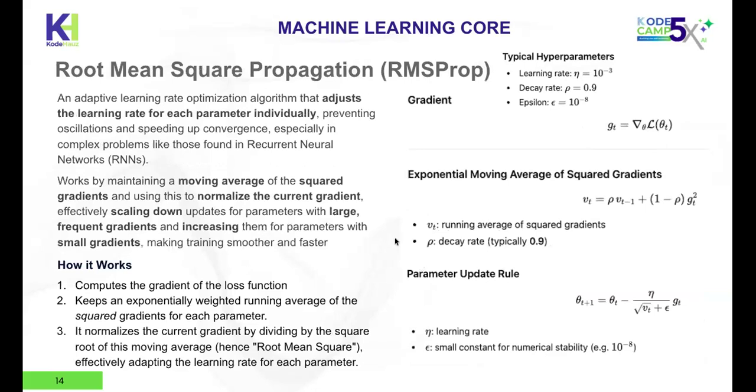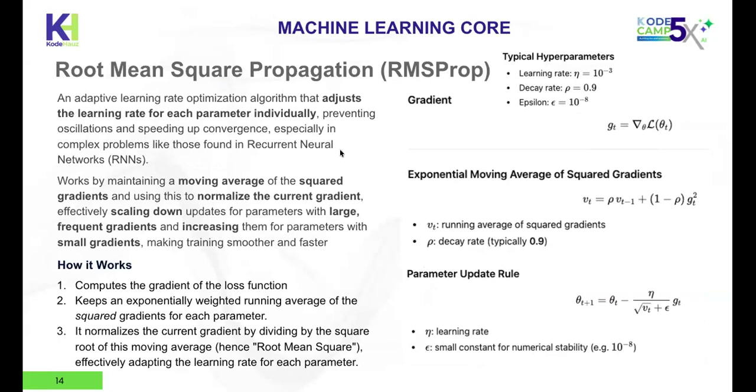Then we now have root mean square propagation. This is another type of optimization algorithm, right? In root mean square propagation, the main feature of it is that each parameter will have its own different learning rate, right? In previous things, stochastic gradient descent, momentum, we use the same learning rate for all the parameters.